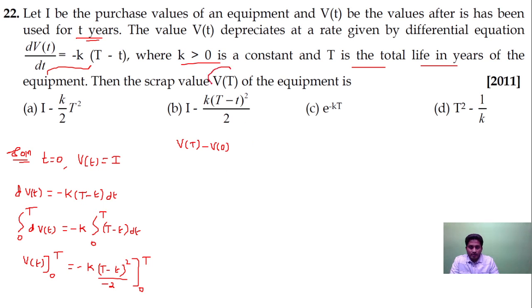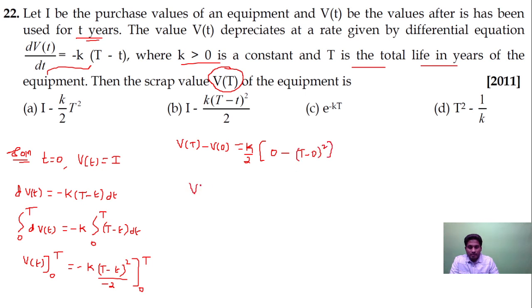I should find out the scrap value v of t, is equal to minus and minus is plus. So this is k upon 2. Upper limit is capital T minus t is 0. Lower limit is capital T minus 0 the whole square.